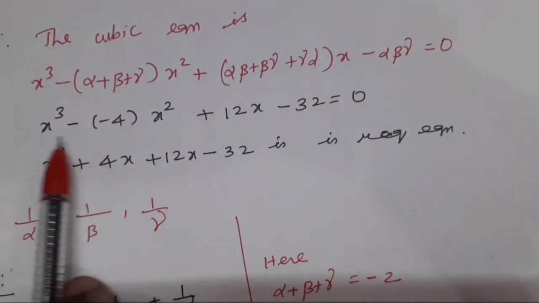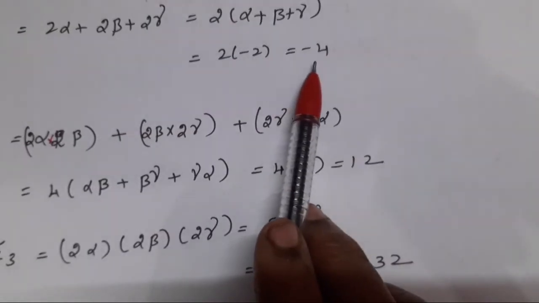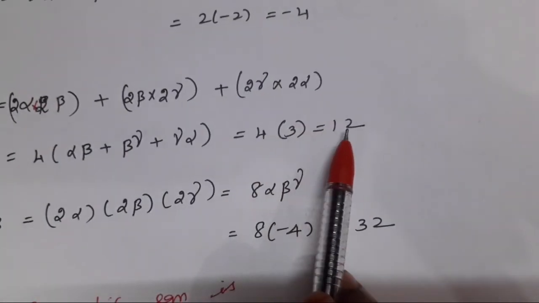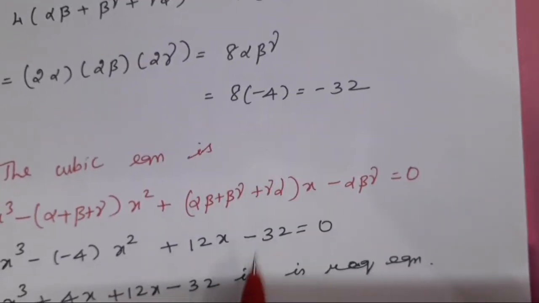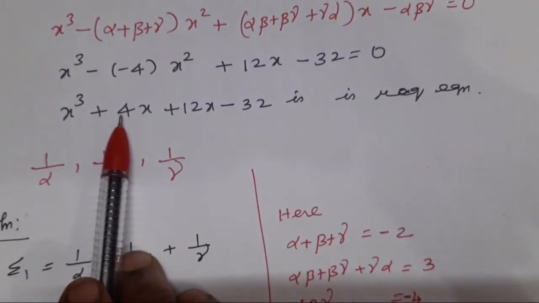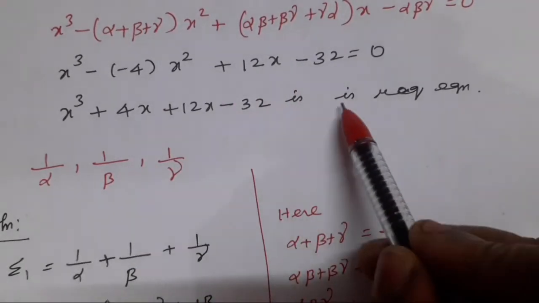X cube minus of minus 4 into x square plus 12 into x, and the third value is minus 32. Alpha beta gamma is 8 into alpha beta gamma, that is minus 32. Therefore, substituting the values, you get x cube plus 4x square plus 12x minus 32 as the required equation.